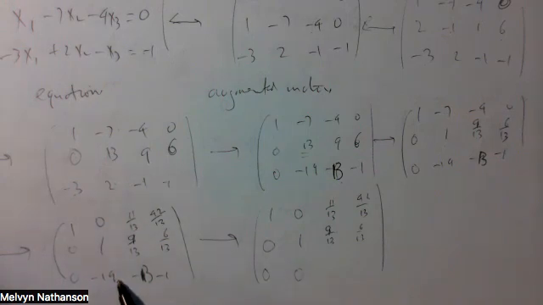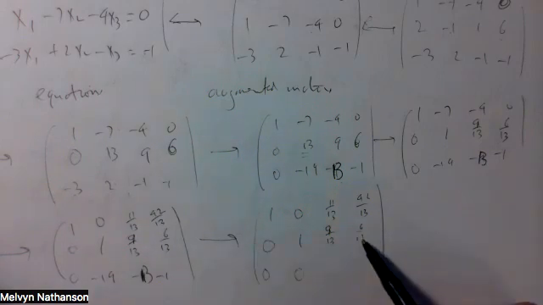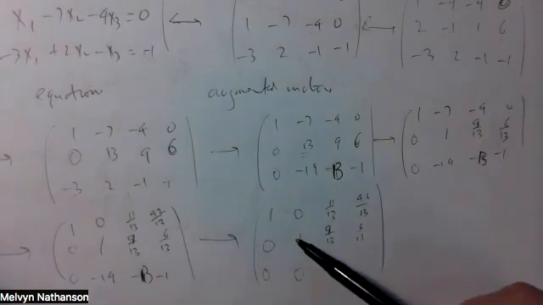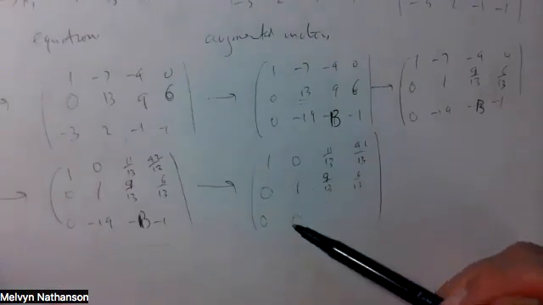Then to eliminate the minus 19, I haven't changed the first 2 rows. I add 19 times the second row to the third row.